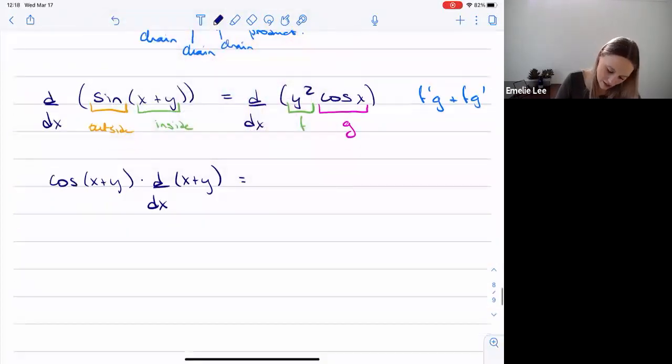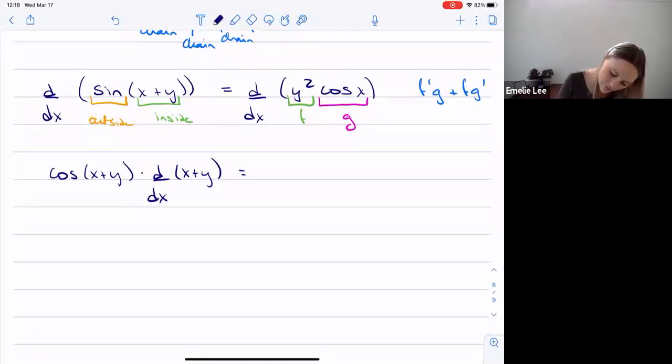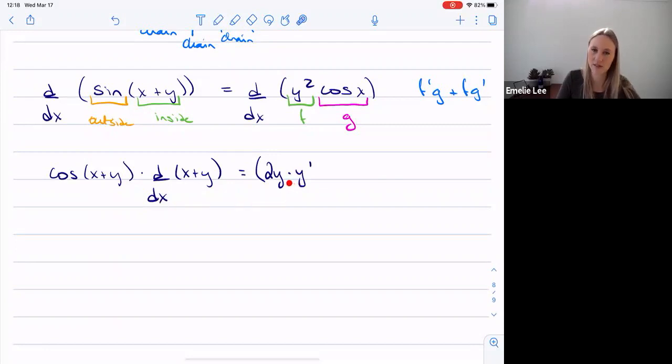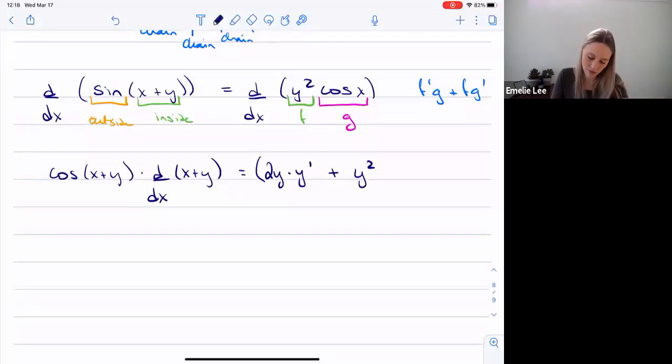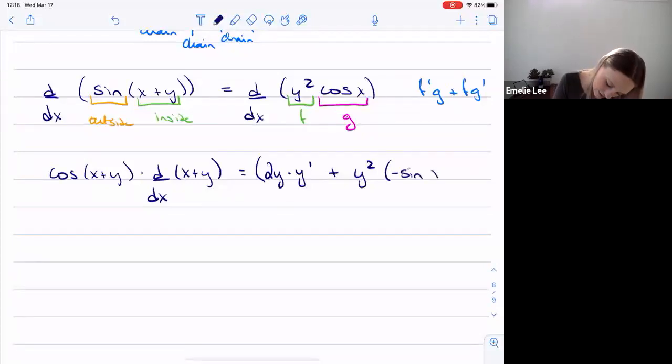So then I have the derivative of f is 2y times y prime. I know how nasty d dx and y prime are here. But then I have plus f, which is just y squared, times g prime, which is just a plain old function with respect to x. And so then I can take the derivative of cos x, which is negative sine x, times negative sine x.